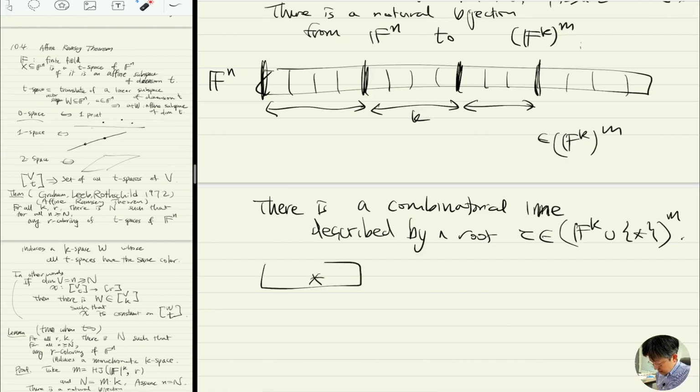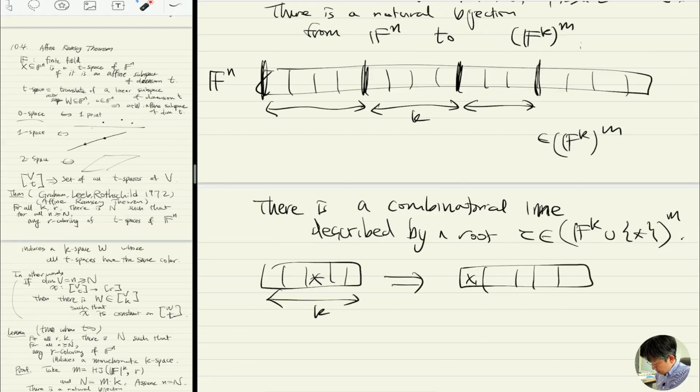Star is represented by this length k block, but you can think of it as x1, x2, through xk, where x1, x2, through xk are points in F, right?